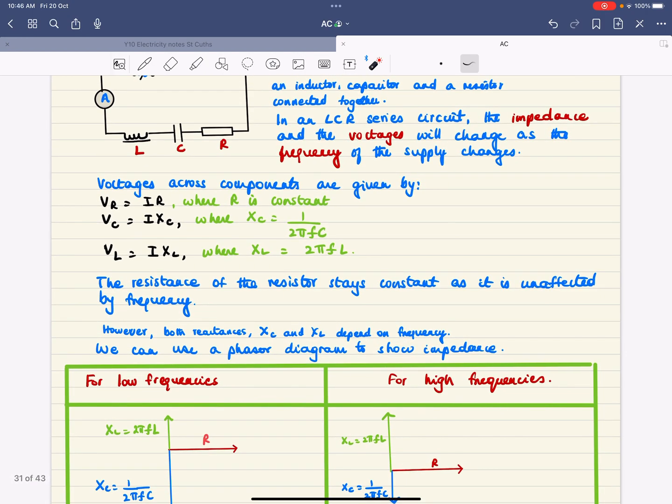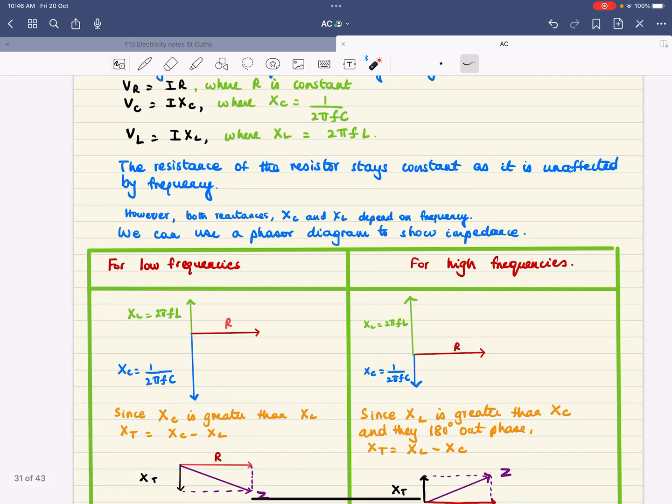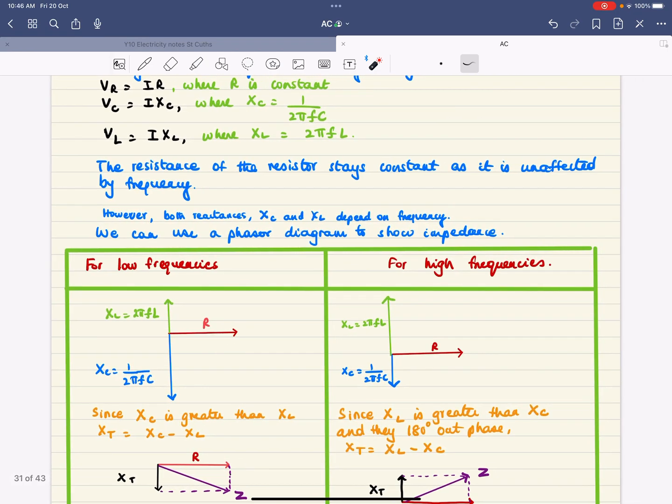So we can use a phasor diagram to show the impedance. For low frequencies, when the f decreases, XC is going to increase. So you've got a longer line going down. This is your resistor, this is the reactance of the inductor, and you have the reactance of the capacitor. So XC is greater than XL, and so XT, the resultant reactance, is XC minus XL because that's the bigger one.